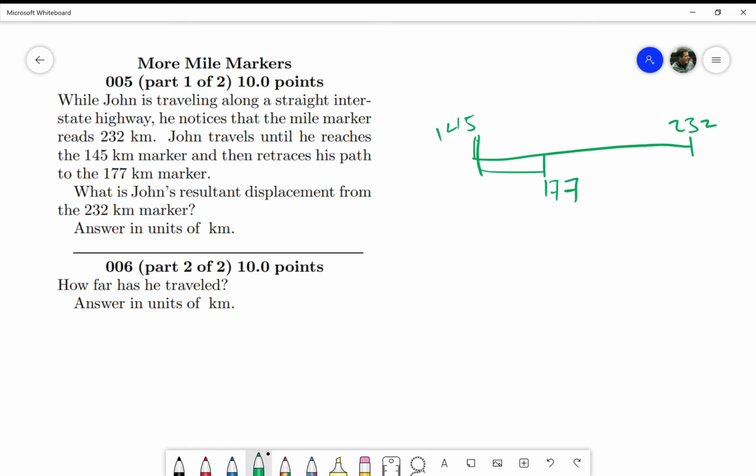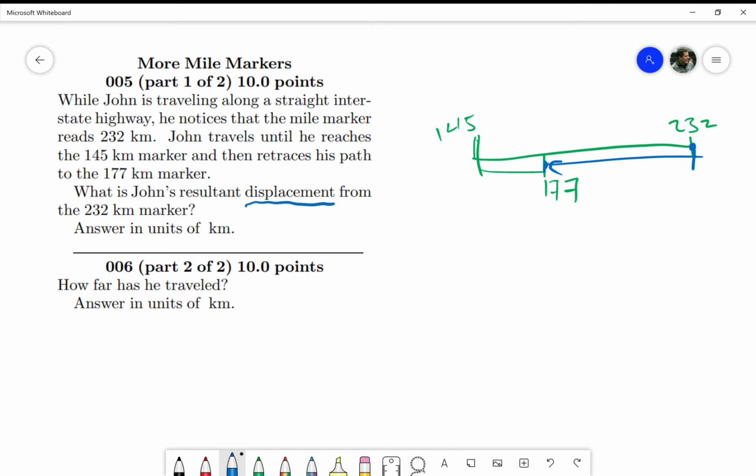Okay, so what is his resultant displacement, meaning what is his final displacement? Well, he went from 232, this is where his starting point is, and this is where his final ending point is. Displacement does not care about direction.